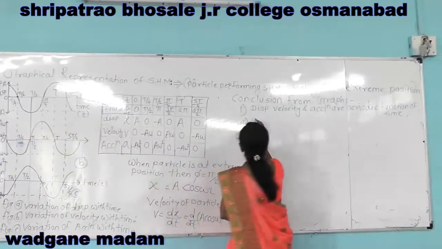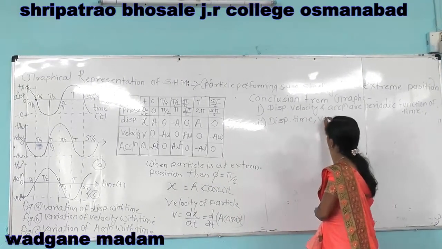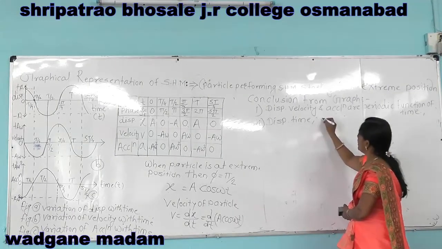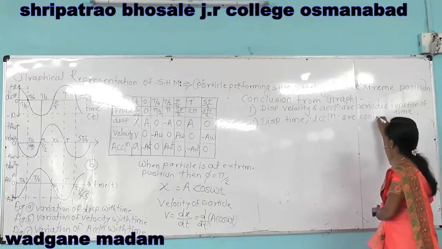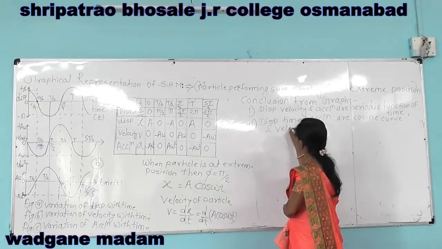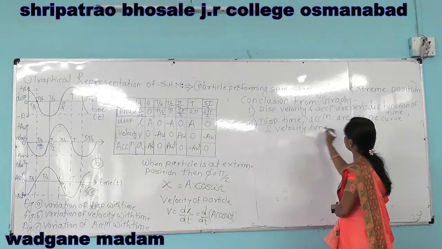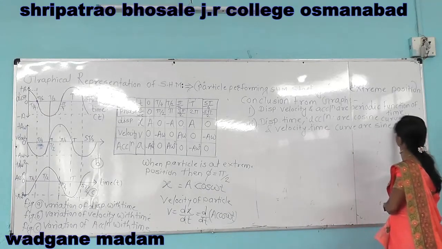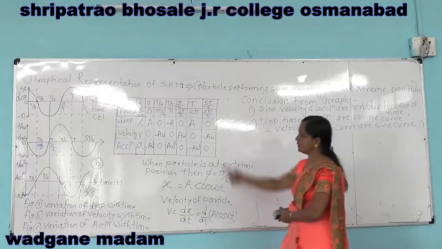Therefore we can write that displacement and acceleration are cosine curves, and the velocity time curve is a sine curve. This is the second conclusion we can see in this figure.